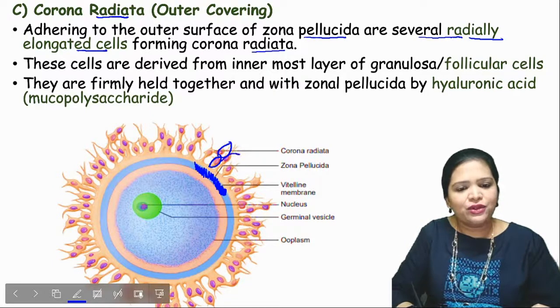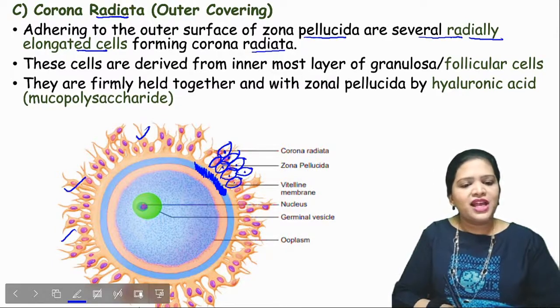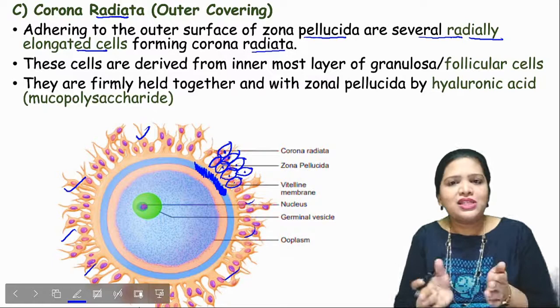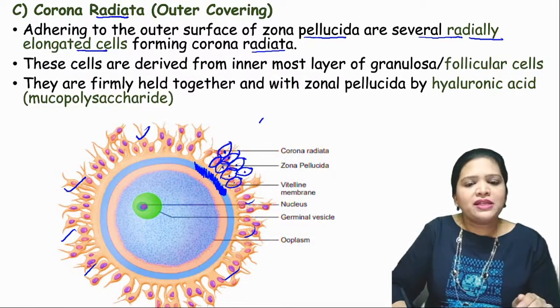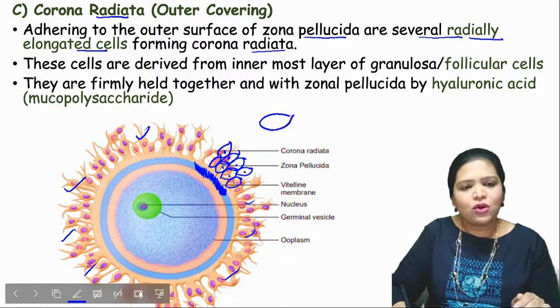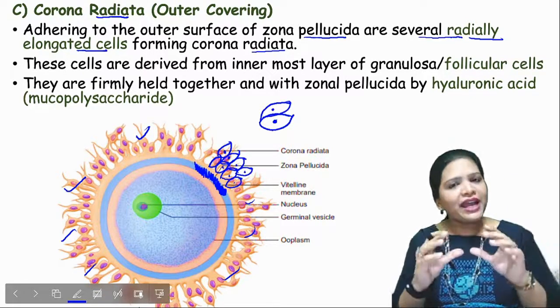These are the granulosa cells or follicular cells. They are arranged radially like this. Throughout this structure, you could see these cells are sticking to one another, and the shape is like this. This is called radially elongated cell.